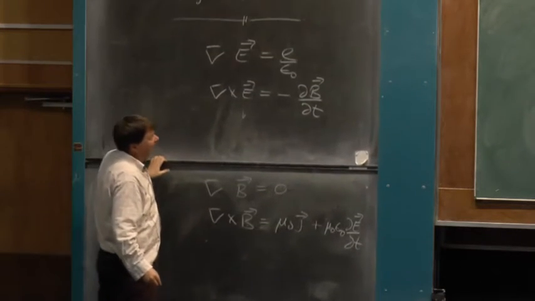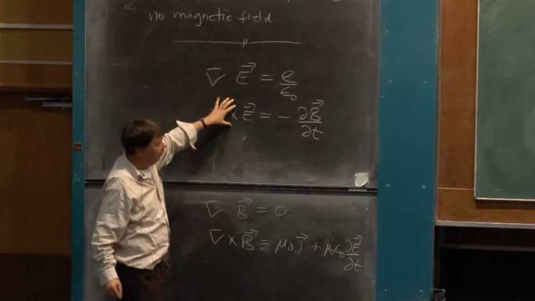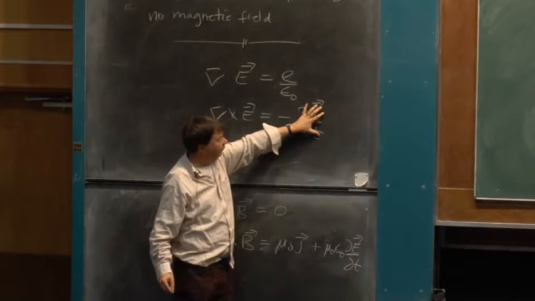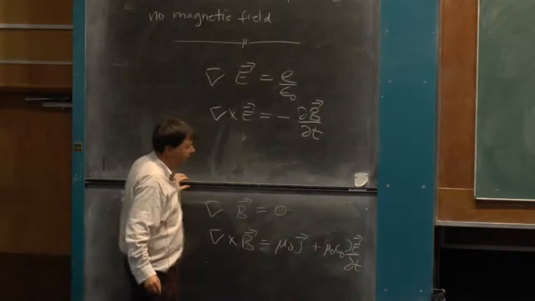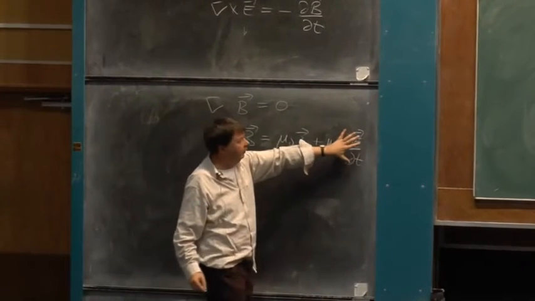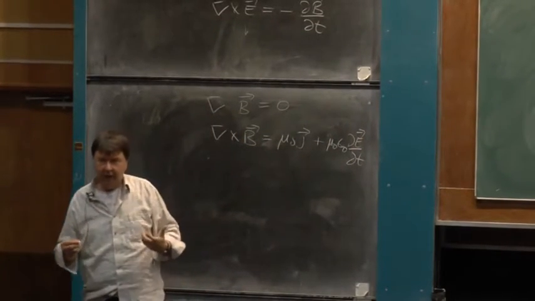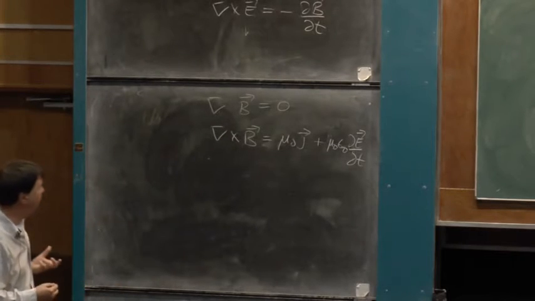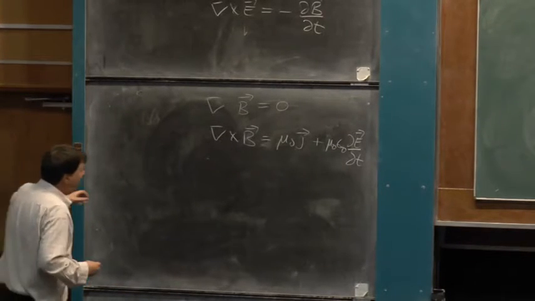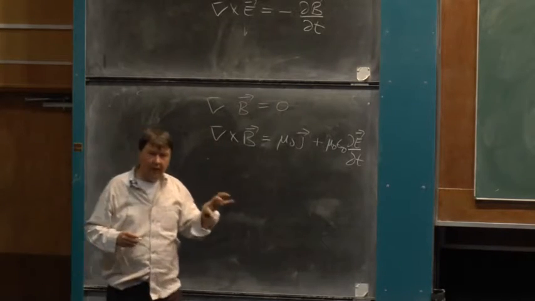Now, as most people do, I started off with the static approximation here and killed that term, and I started off with the static approximation here and killed that term. In other words, the fields themselves were static. There was no dB by dt, no dE by dt. Now, there is a method of solving all four Maxwell equations at the same time.